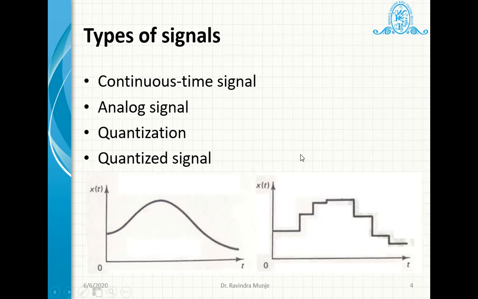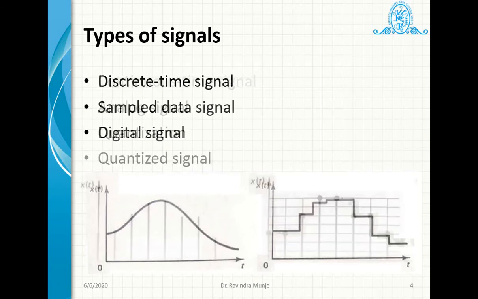So this is the continuous time quantized signal and this is the continuous time analog signal. Both have continuous time, so this is about continuous time signals.